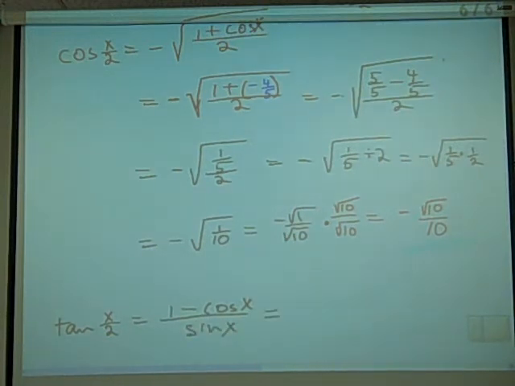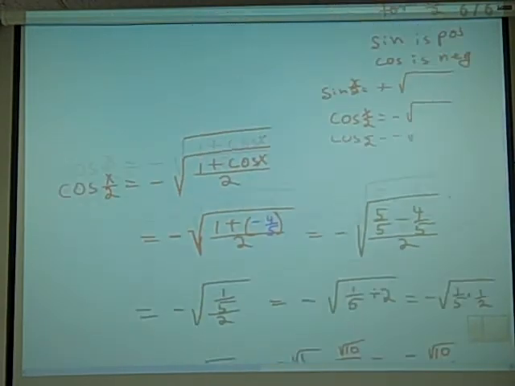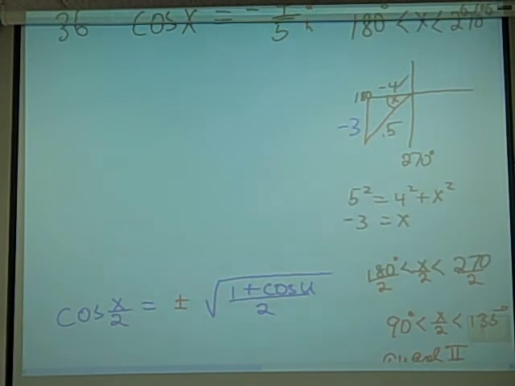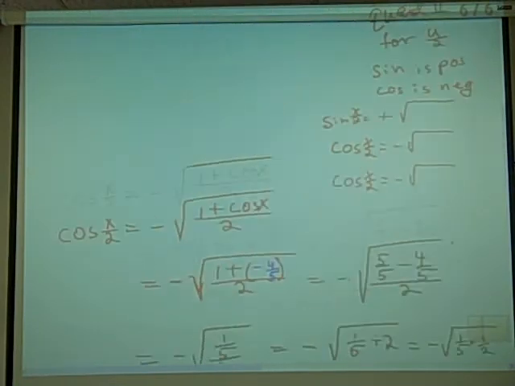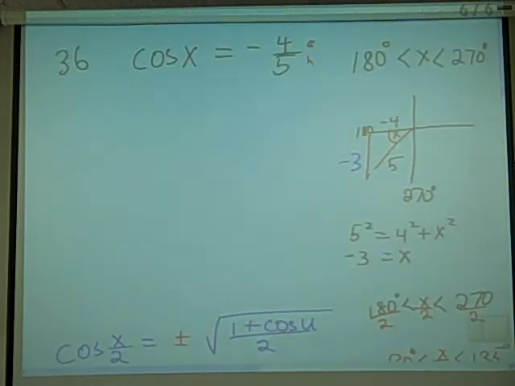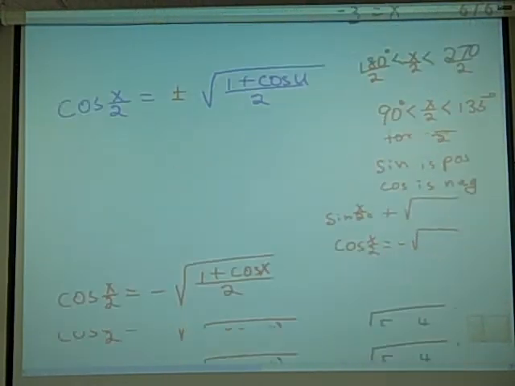Okay, so this will be 1 minus, and we know cosine again is adjacent over hypotenuse. So this will be, let's look back up here at our triangle, negative 4 over 5. 1 minus a negative 4 over 5 over sine, and sine is opposite over hypotenuse, negative 3 over 5.